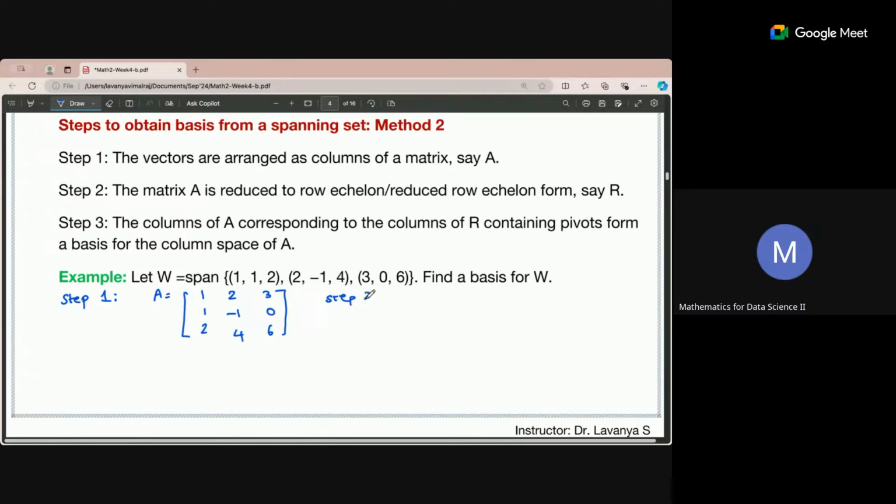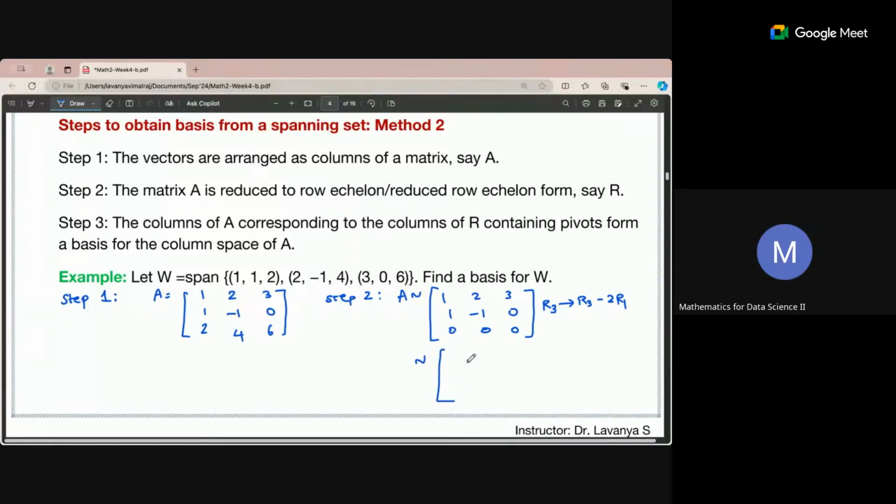So step 2, you are going to find the row echelon form. What is the first operation we can do here again? First you should start with R3 usually. R3 minus 2 R1. Okay, so 1, 2, 3, 1 minus 1, 0, 0, 0, 0, right?